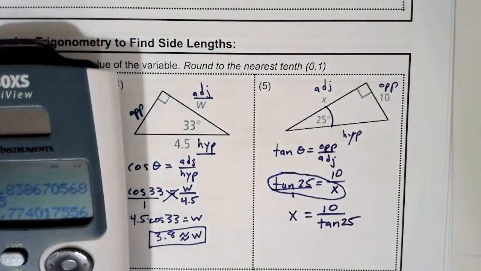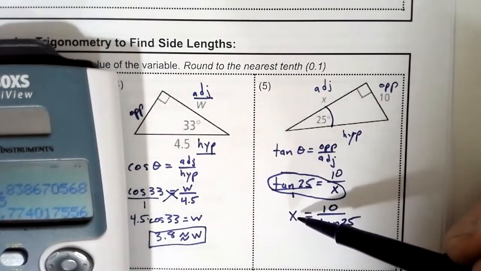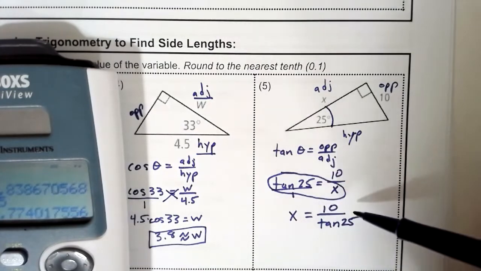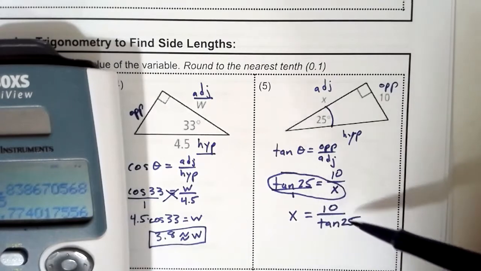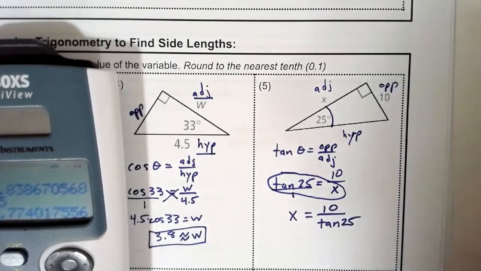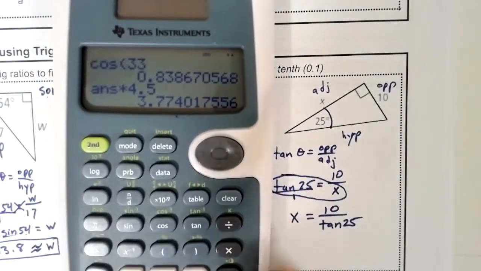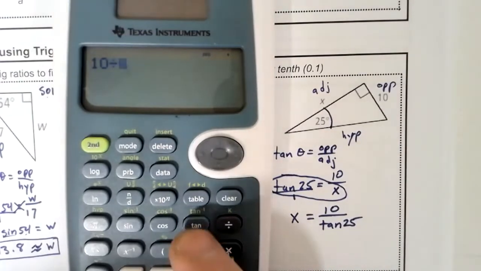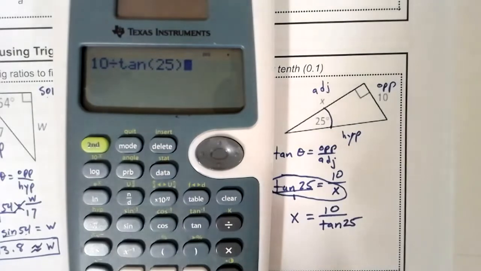And I don't have to cross multiply and do all that other stuff. All I want to do is get x by itself, isolate x. So I can just go ahead and switch the extremes. And now I have this, and I can do that in my calculator. It just saves me a couple steps. So let's do that. All right, clear this out. I start with 10, and then I divide it by the tangent of 25 degrees, which again is just a decimal.